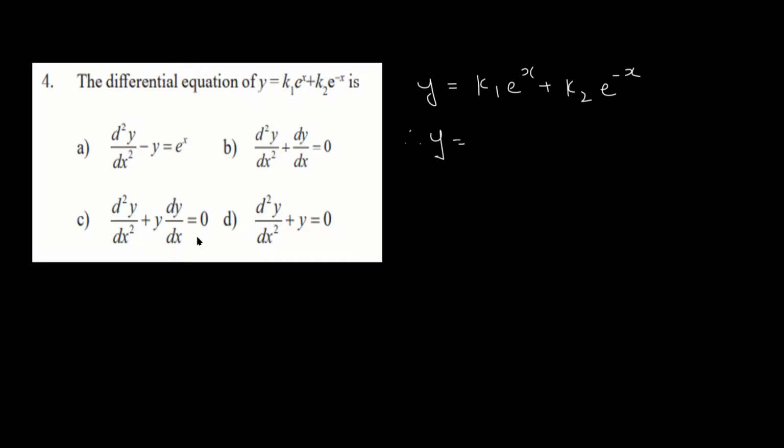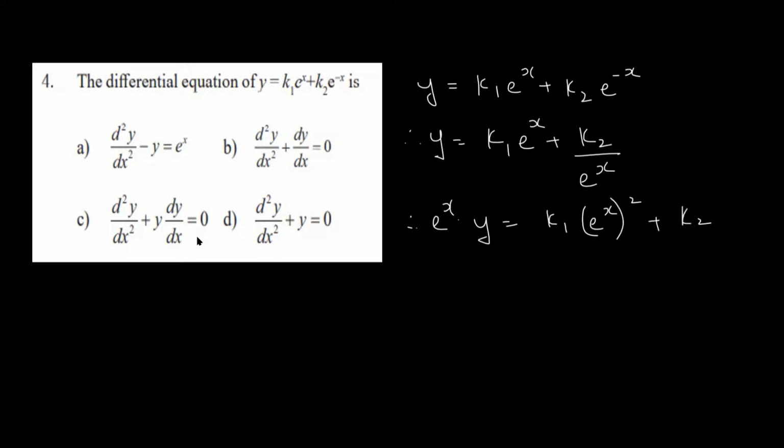So we get y is equal to k1 e raised to x plus k2 upon e raised to x. Now we cross multiply with the e raised to x in the denominator. So therefore we are going to get e raised to x into y is equal to k1 into e raised to x the whole square, because we are cross multiplying, plus k2, because e raised to x gets eliminated from the last term when we are cross multiplying by e raised to x on both the sides.